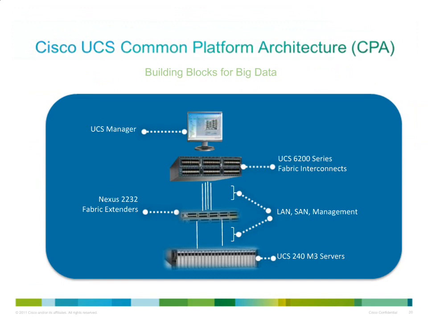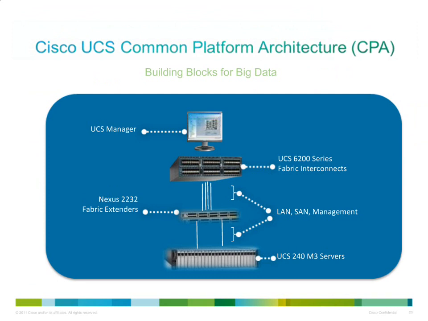And under the sheets, what it looks like is a standard 2RU rack mount server, the C240 M3. That's a 2-socket Intel x86 server with the capability to go between 12 and 24 internal disks, depending on your configuration.